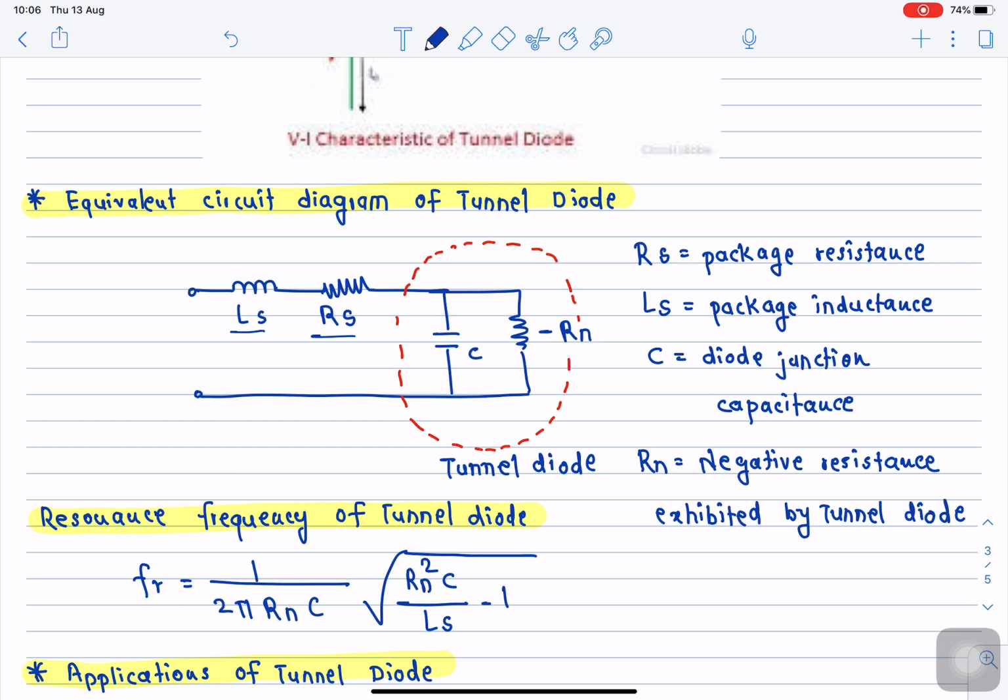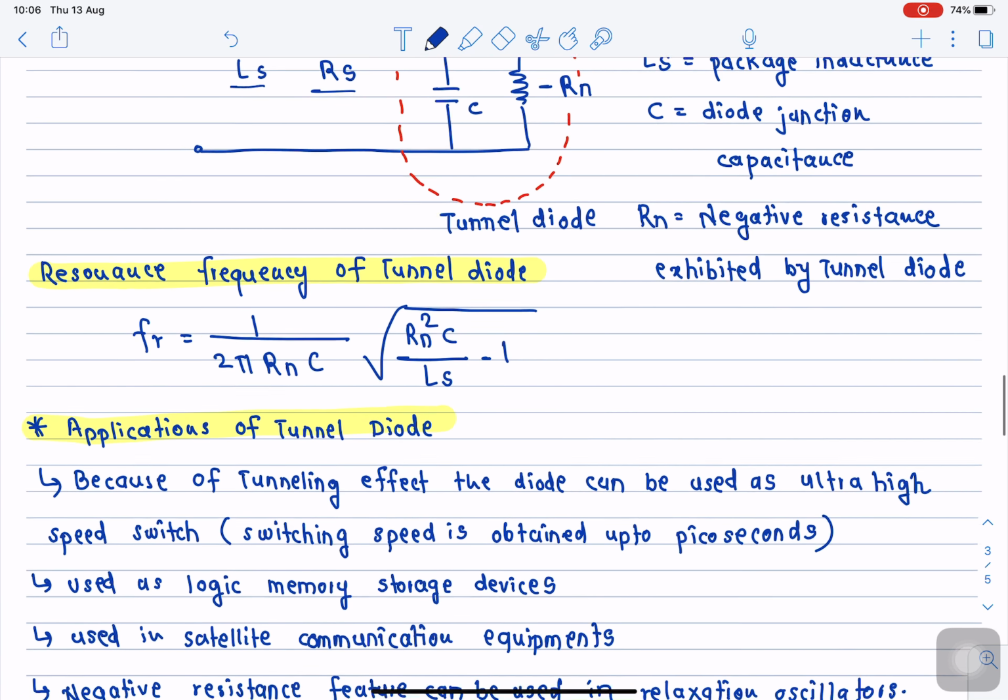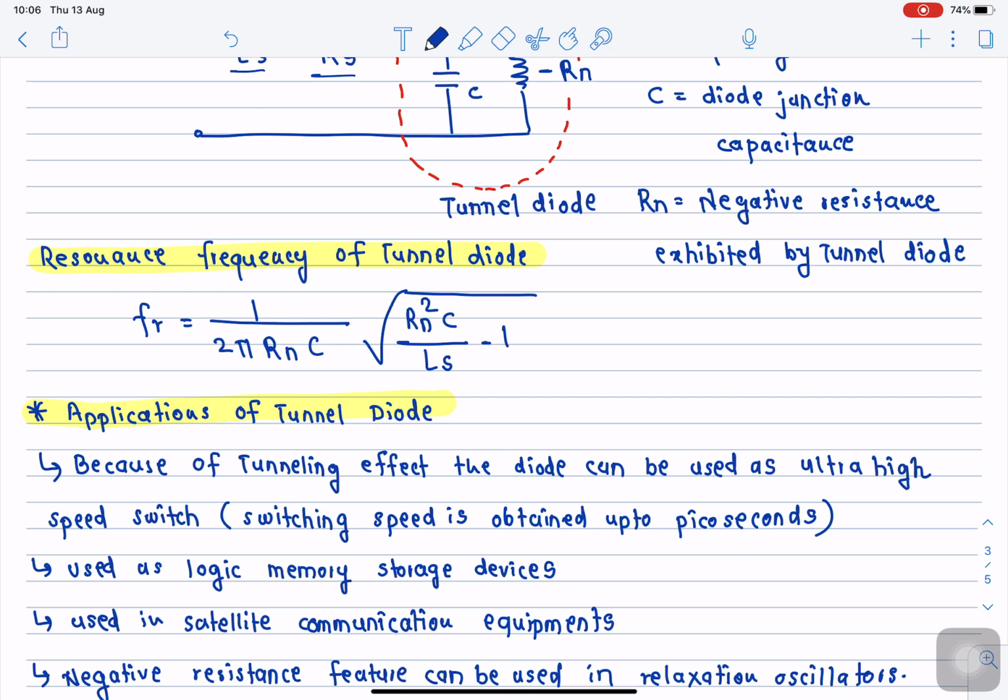This capacitance is formed because of the junction, and the equivalent negative resistance Rn is the negative resistance exhibited by the diode when we apply a suitable bias. The resonant frequency of this tunnel diode is given by 1 upon 2 pi Rn C into the square root of Rn squared C divided by Ls minus 1.